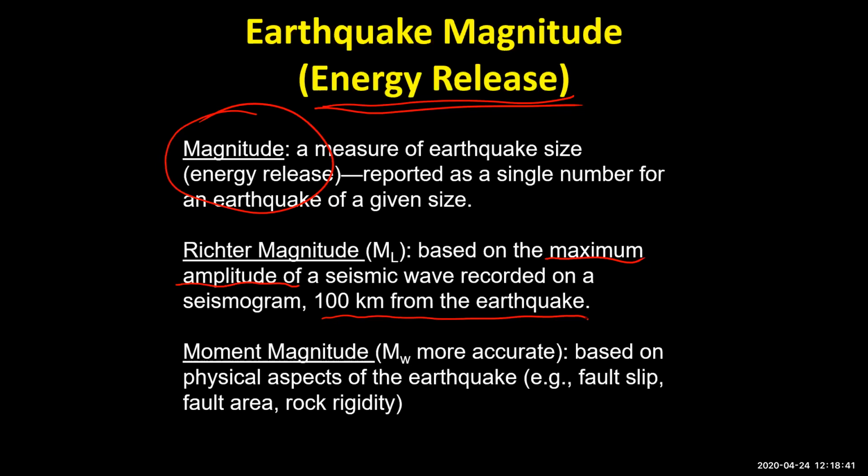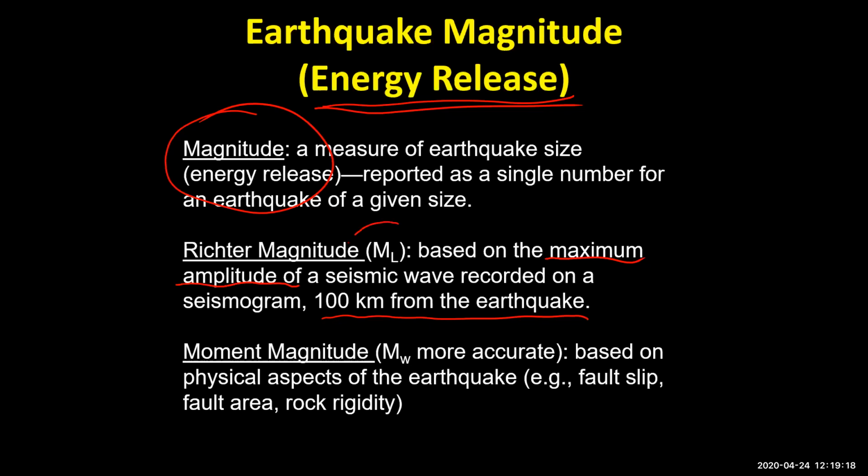Obviously, the seismograph that he's using to measure the earthquake probably is not going to be located exactly 100 kilometers from the earthquake. So how did he get around that? It's actually easy. It turns out there are mathematical ways of shrinking or stretching wave amplitudes to correspond to what they would be if they did originate 100 kilometers from the earthquake. But in any case, that's what we're going to go through in the next couple of slides: how to determine Richter magnitude and actually determine the location of an earthquake of a certain Richter magnitude.